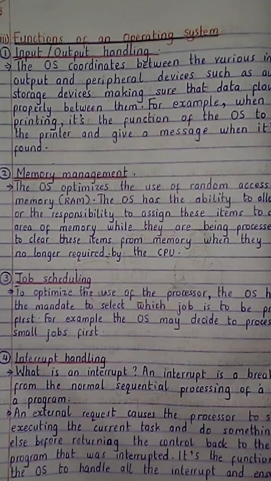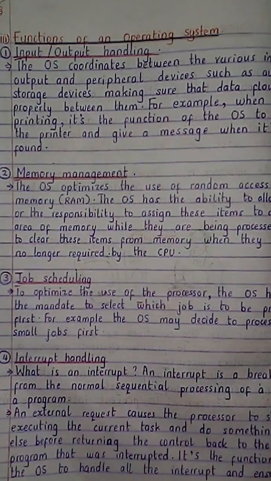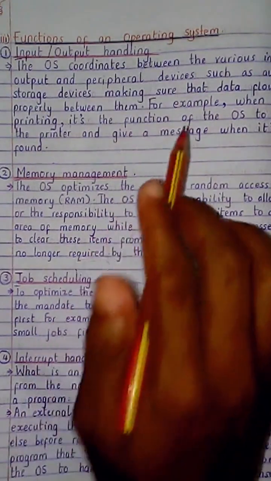So, when the operating system coordinates the various input and output and even the peripheral devices, it will make sure that data flows properly between them. Let me give you an example, which I've written right here.